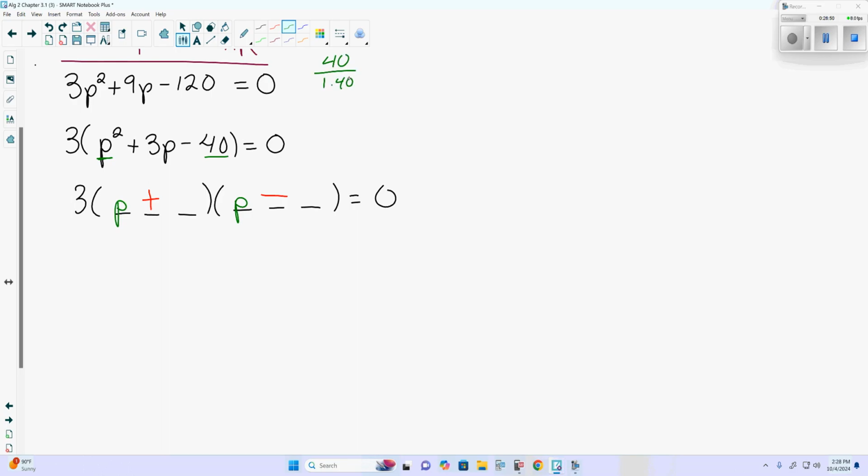1 times 40. 2 times 20. 4 times 10. 5 times 8. Which one do we want to go first? 5, 8. And the last thing we can do is check. p times negative 8 is negative 8p. 5 times p is positive 5p.